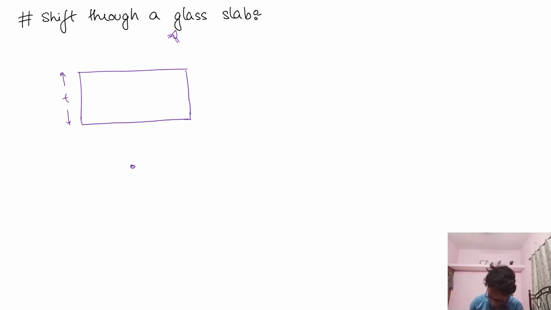So how do I do it? I take a straight line. This is one of the rays that goes undeviated through the glass slab. Another ray goes somewhat in this manner.